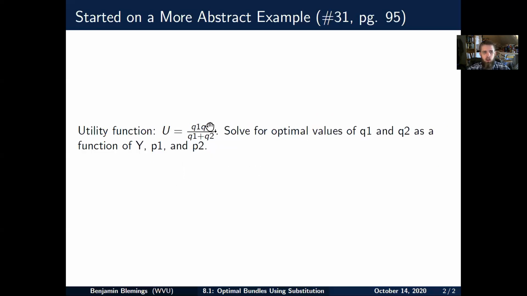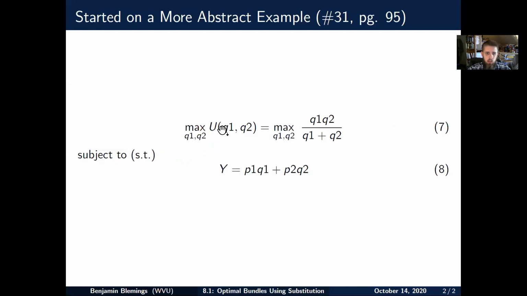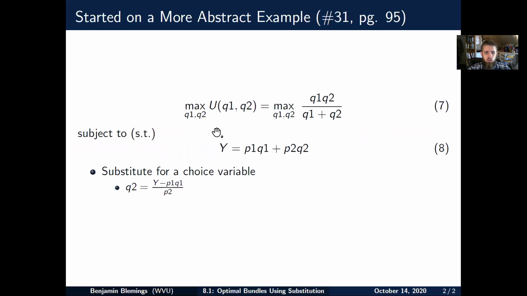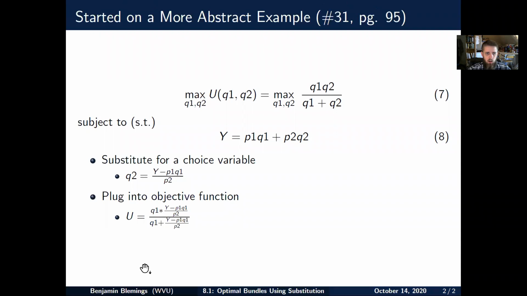The thing that's harder is that the utility function is a quotient, and there's a multiplicative relationship on the top. And so when you do the derivative of this thing, it gets really ugly, but everything else is the same. Look, we are substituting to solve for either Q1 or Q2. I solve for Q2 here, and so I just plug this back into the utility function, and that's what the utility function looks like now.